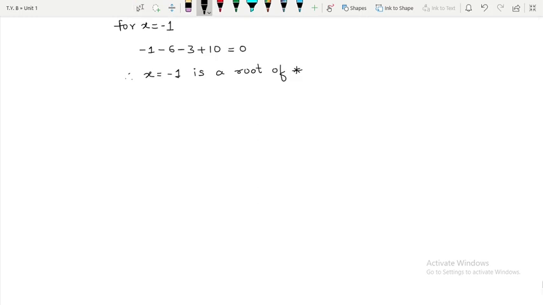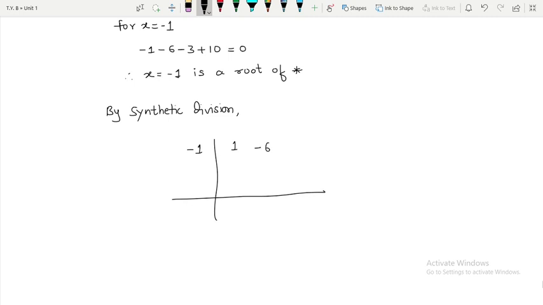So I will say by synthetic division. So how to use it? Since we already know one root, that is minus 1, let us write down the coefficients of the characteristic polynomial, that is 1, minus 6, 3 and 10.